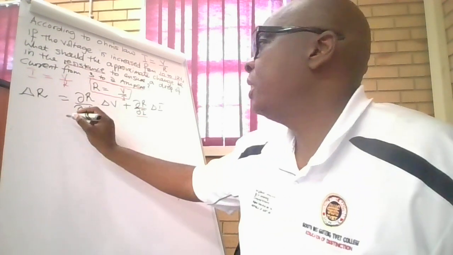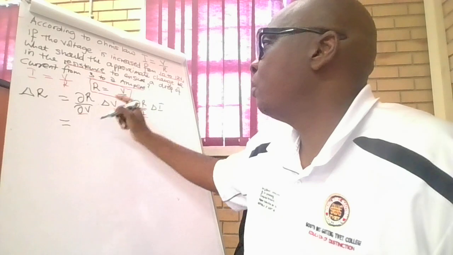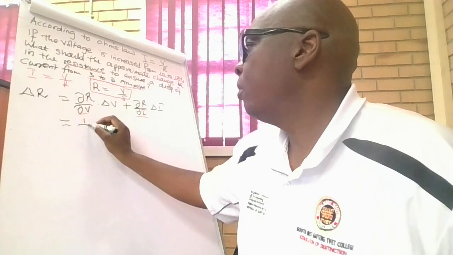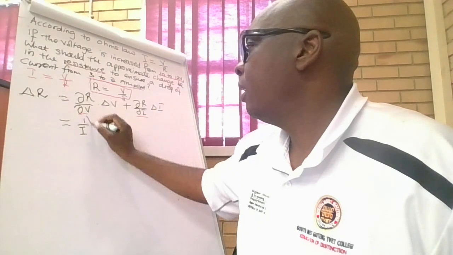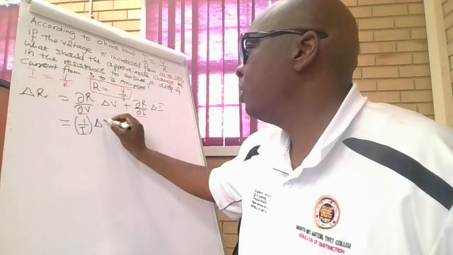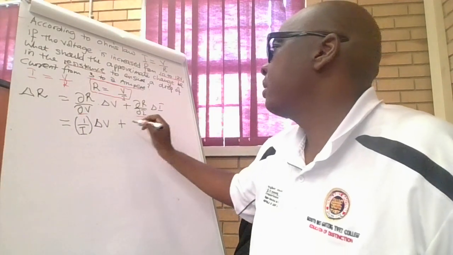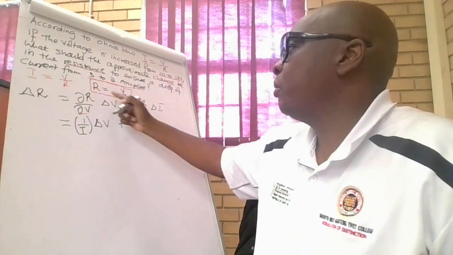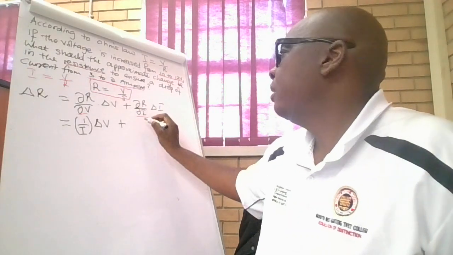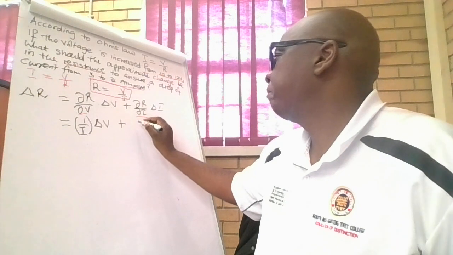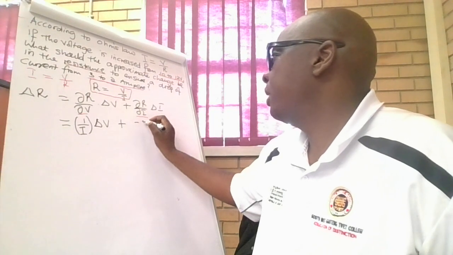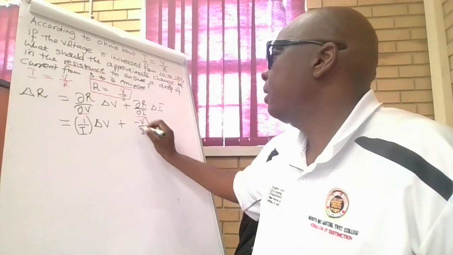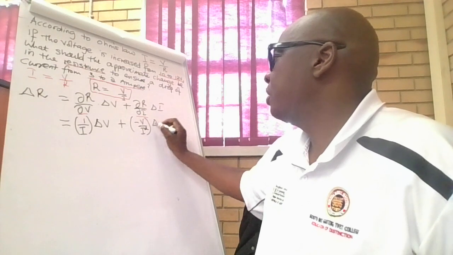And if we differentiate resistance with respect to voltage, what we are going to get there is 1 over I, and this is multiplied by the change in voltage, plus, now partial R, partial I, we are differentiating R with respect to current. So if you differentiate there, you get minus V over I squared, times the change in current.